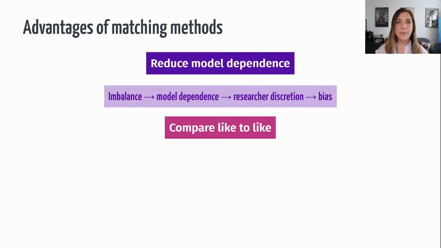One of the second main advantages is that in matching, we're comparing like to like. So we're taking units in the treatment group, for instance, and finding units that are very similar to those units in the control group. In that sense, you're comparing two units that are very closely related in terms of observed covariates. If you think about this, it's kind of trying to recreate to a certain extent what the ideal randomized controlled trial would be.